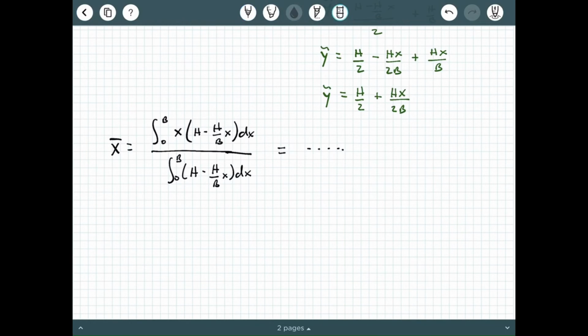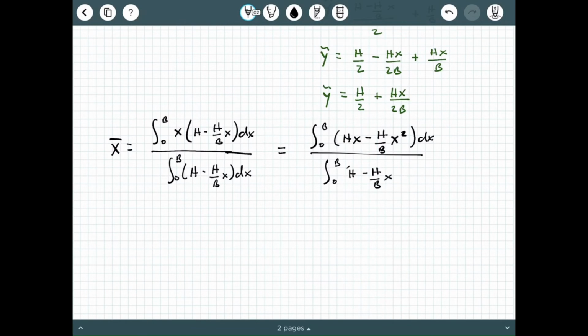We can evaluate this, so let's go ahead and just do that now. We've got the integral from 0 to b of hx minus h over b x squared dx, divided by integral 0 to b H minus h over b x dx.